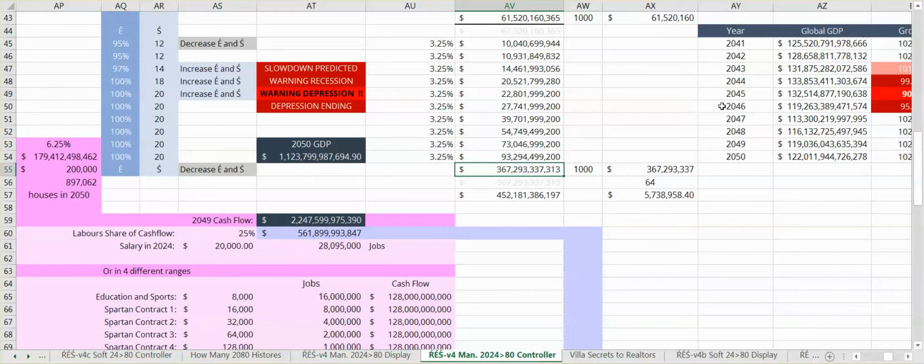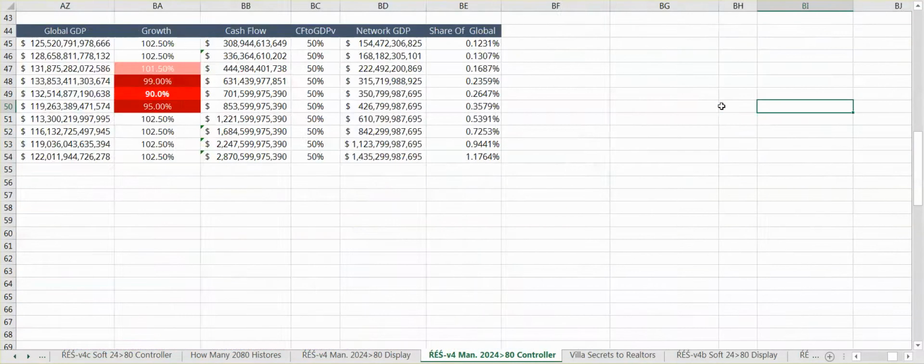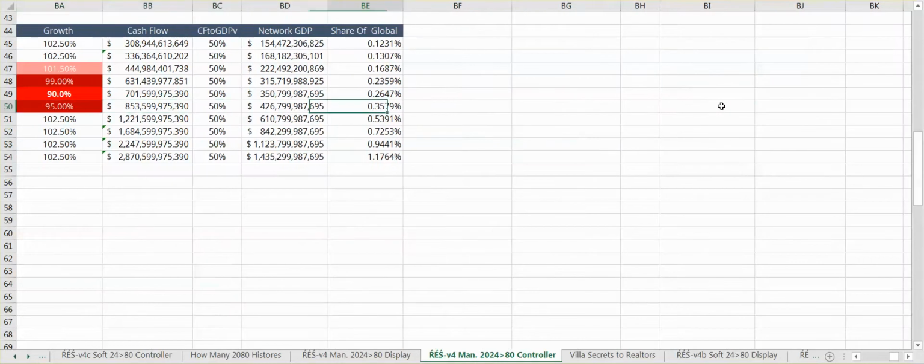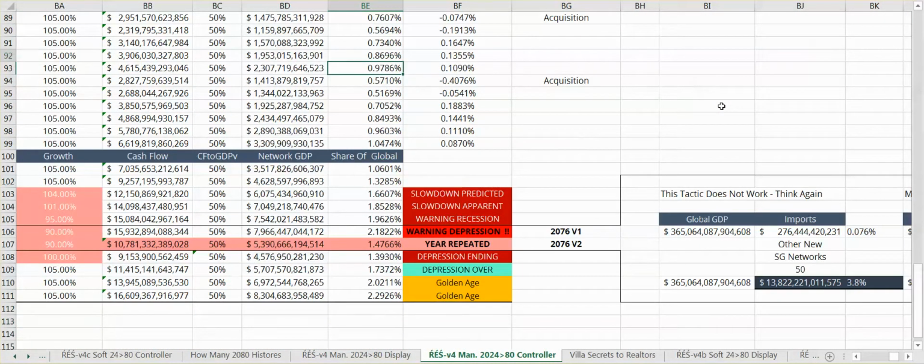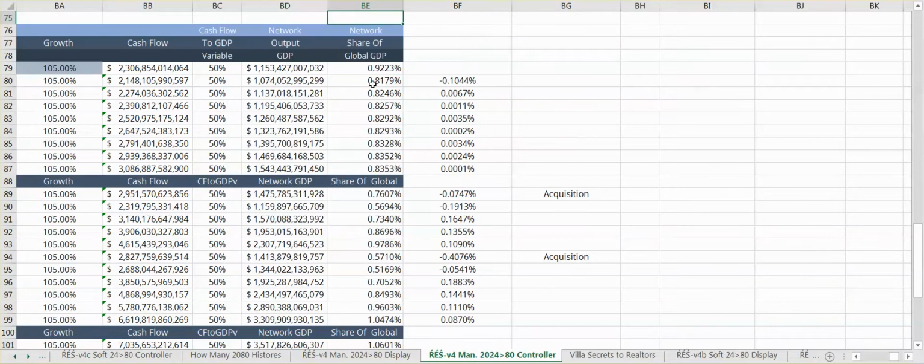BE80. Here we go. See, very, very similar figures each year.